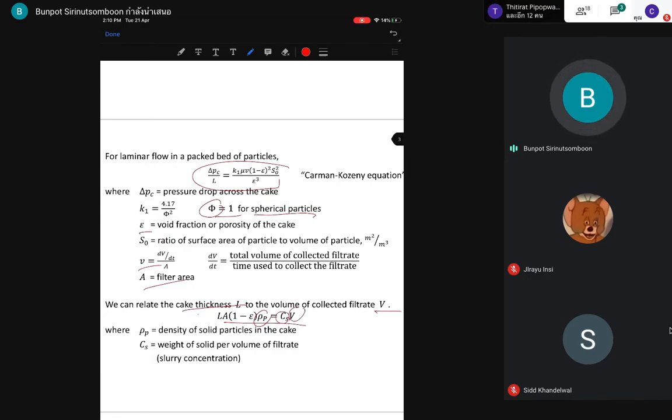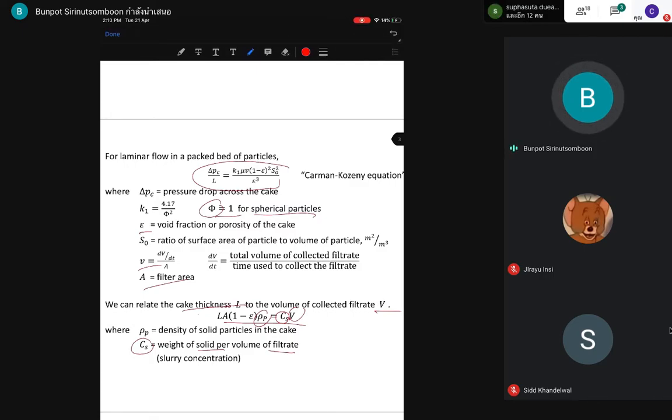So you have to be careful here. Cs, the slurry concentration, is defined as the solid per the volume of the filtrate, not the total volume of the feed. It's not the same.